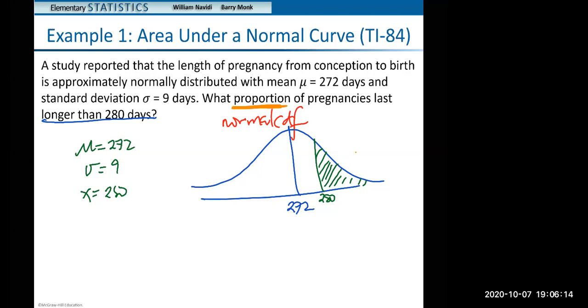When you use normal CDF, you will see lower, upper, mean, and standard deviation. Try it, the second bar is normal CDF. You should see lower, upper, mean, and standard deviation. For the area to its right, remember, 280 is it lower or upper?